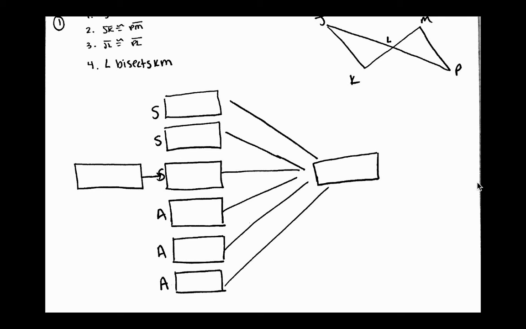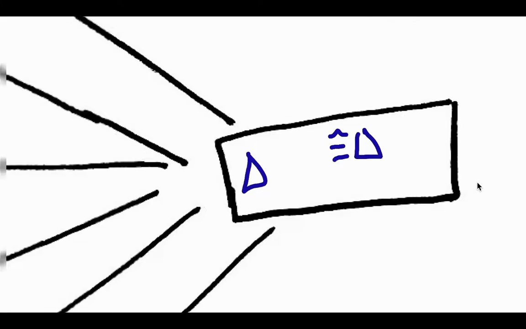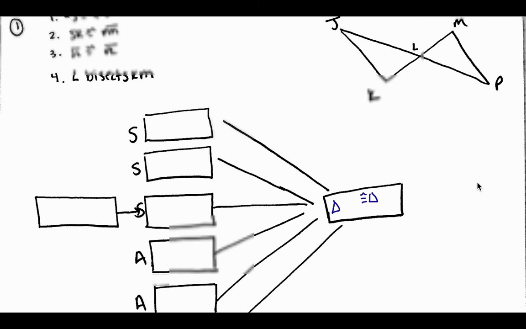And that is also a skill or a tip that students of mine in the past have used. We're trying to prove that these two are congruent. So in this last box is always going to be your triangle congruency statement. You're going to say that some sort of triangle is congruent to another triangle, but we will figure out what triangles are congruent as we work through this proof.